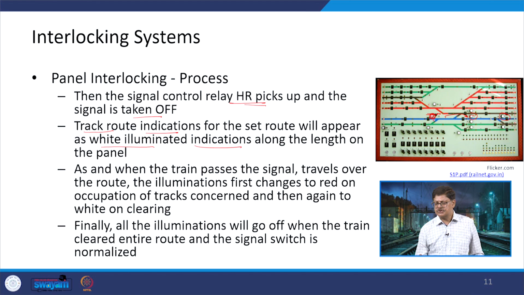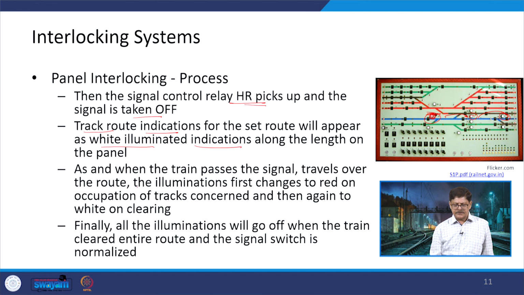That means this is not occupied, but there is a train just in the block ahead. So, it also gives an indication to the loco pilot of a train coming from the back side, that there is still a train moving in front at some distance. But as soon as it moves further, say from here to another block, this indication will get switched off, that means it will indicate that it is now free.